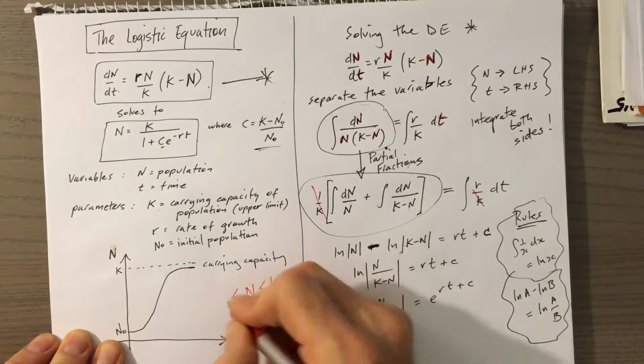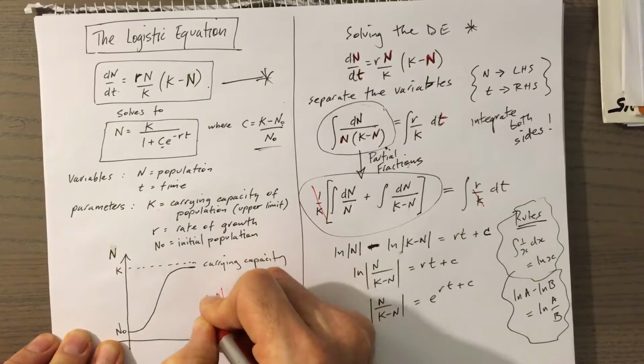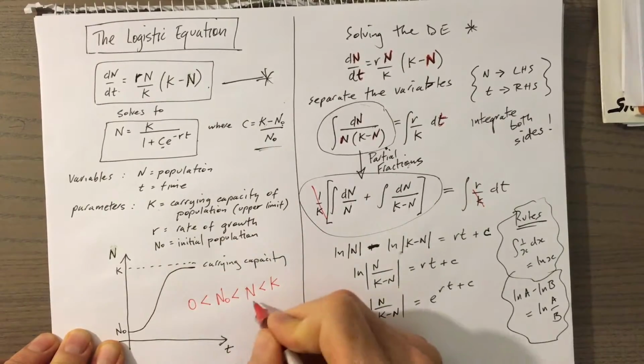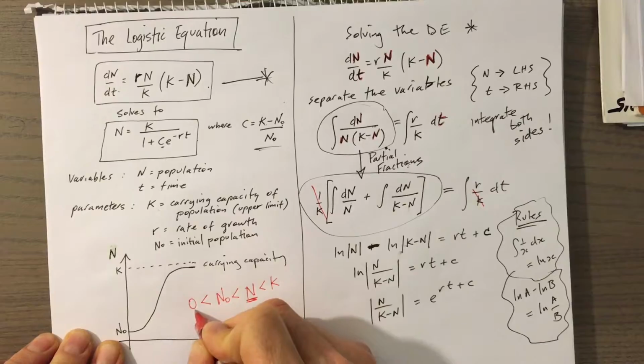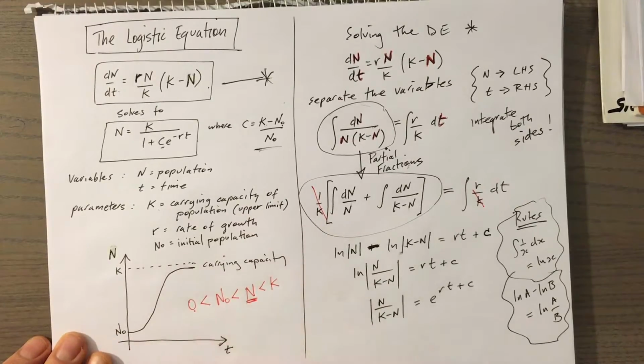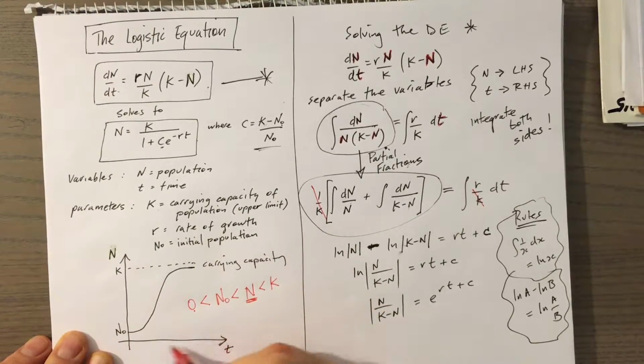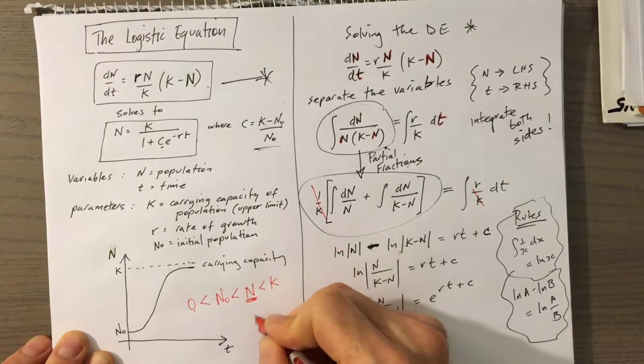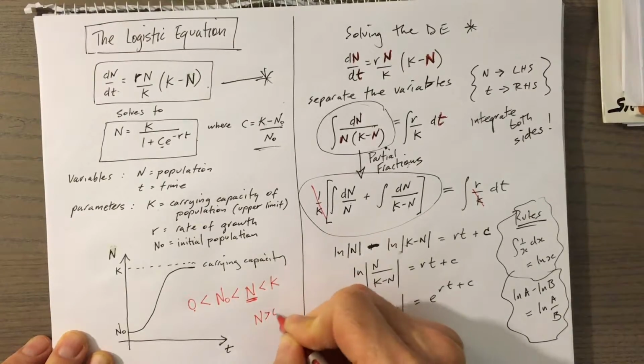The initial population is always going to be greater than 0. So n is never below the time axis. It's always positive.